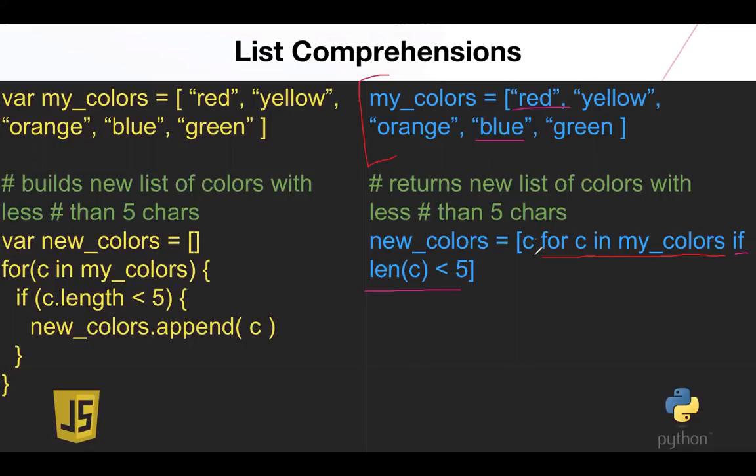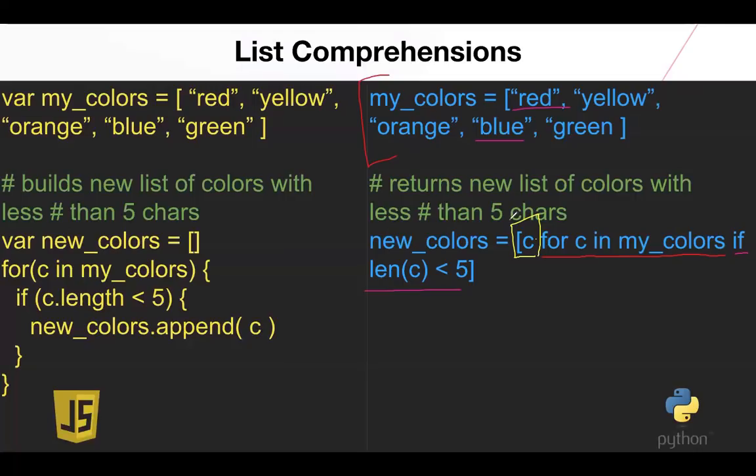And then the other part of this list comprehension we want to make sure that we take note of. So why do we have this c at the beginning? Well, that basically says add the color as it appeared in the original list. So I could, for example, take that color and maybe slice it to only include the first 2 or 3 characters. I could call some different string functions on that to either force it to be uppercase or lowercase.